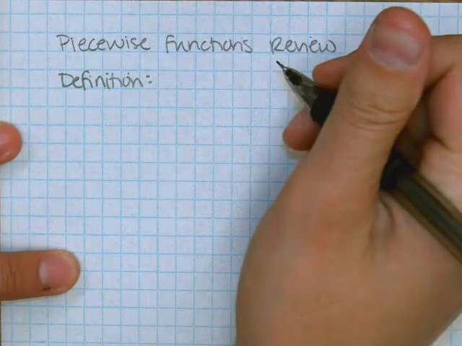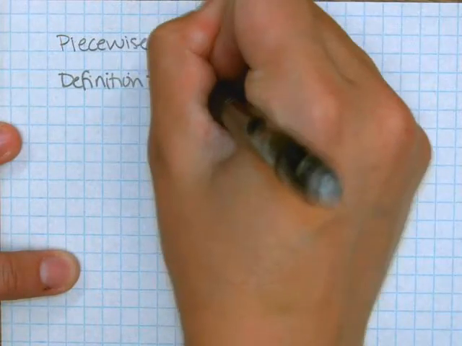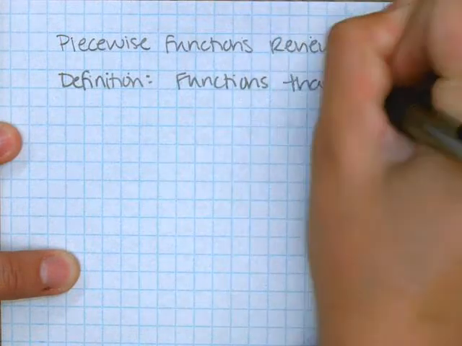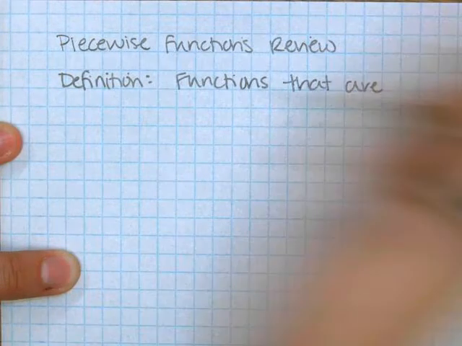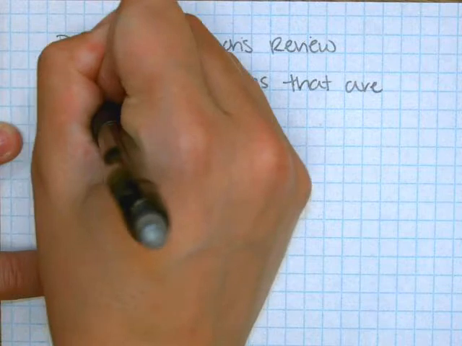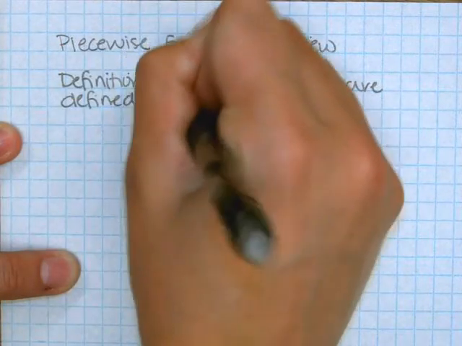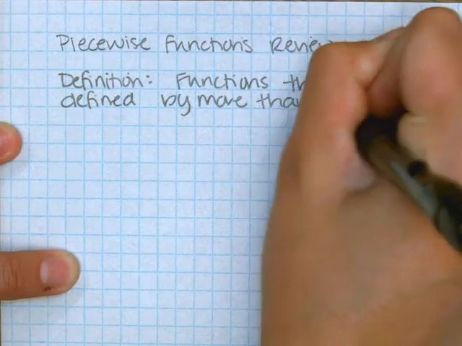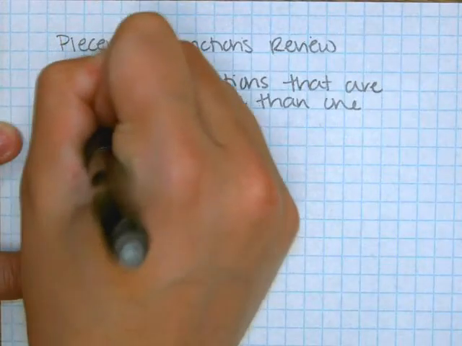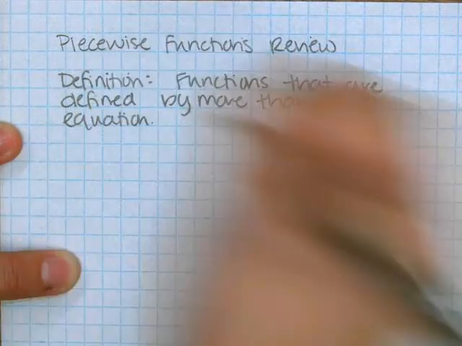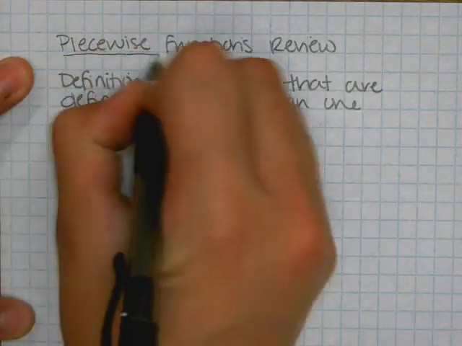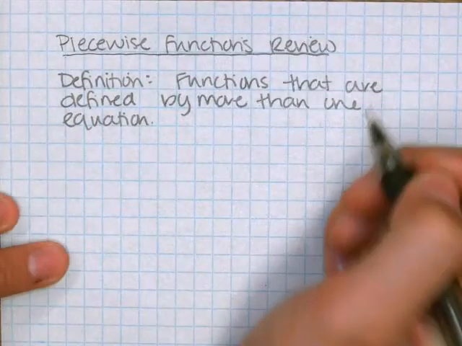Piecewise functions are functions that are defined by more than one equation. So a piecewise function is one that has multiple pieces to it, which is why it's called a piecewise.